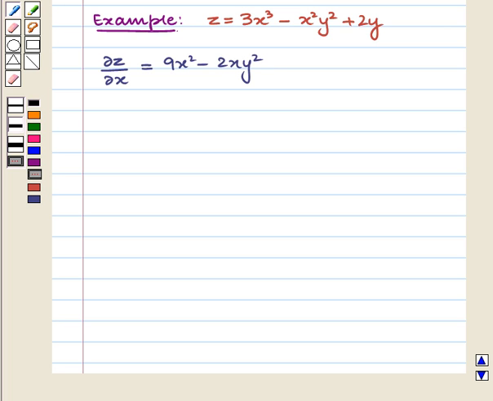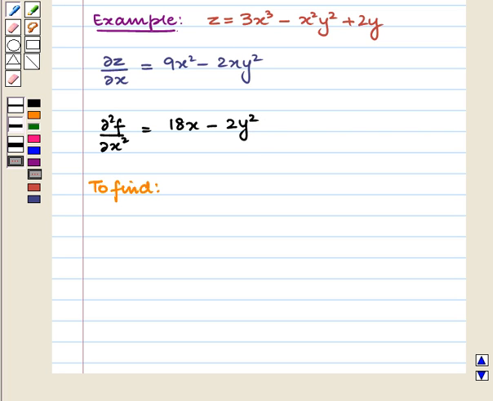Let us again differentiate this with respect to x, treating y as constant. We get del square f by del x square is equal to 18x minus 2y square.